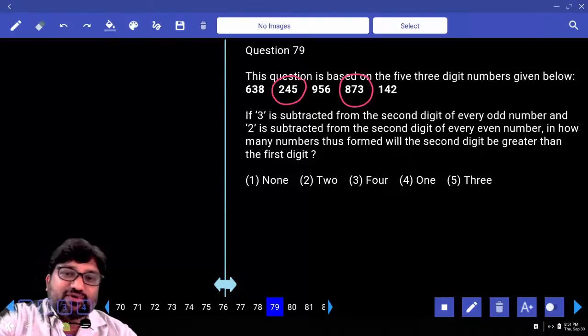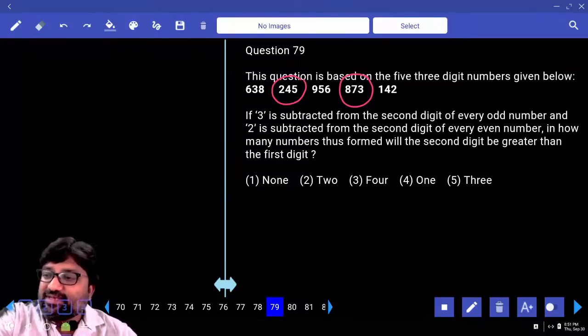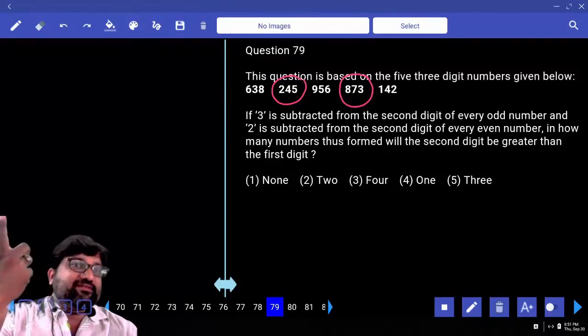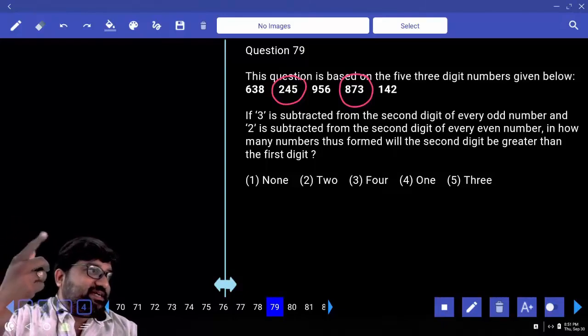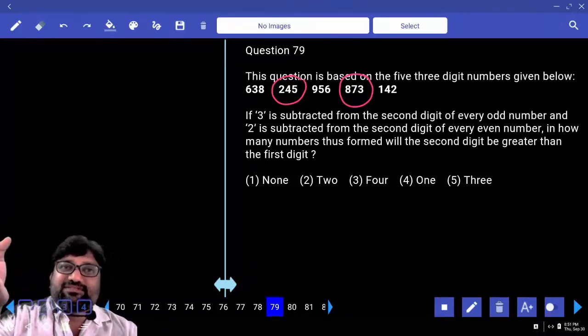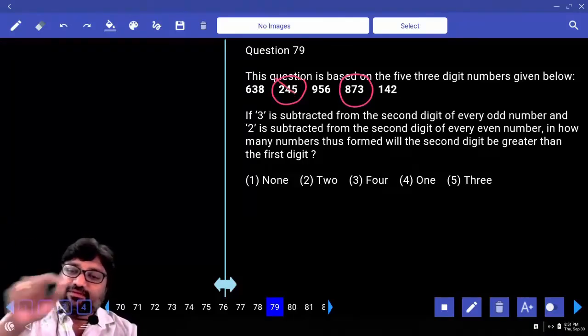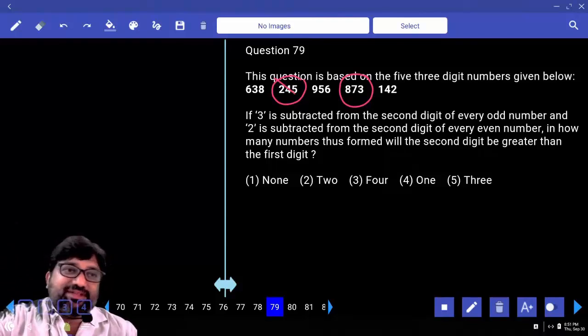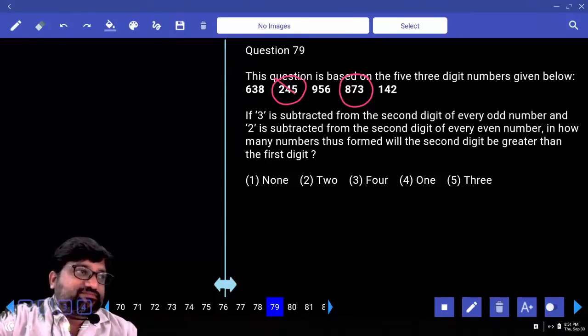Second digit 4, 4 minus 3, 1. The question is, in how many numbers thus formed will the second digit be greater than the first digit? So 4 minus 3 is 1. Is 1 greater than 2? No. 7 minus 3, 4. Is 4 greater than 8? No.